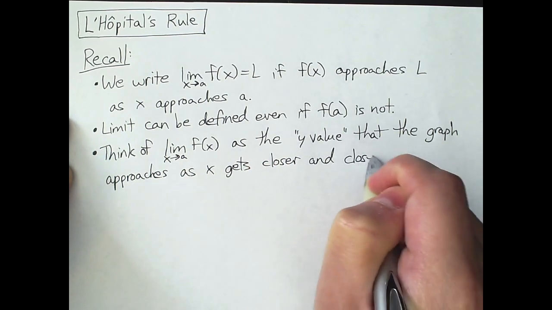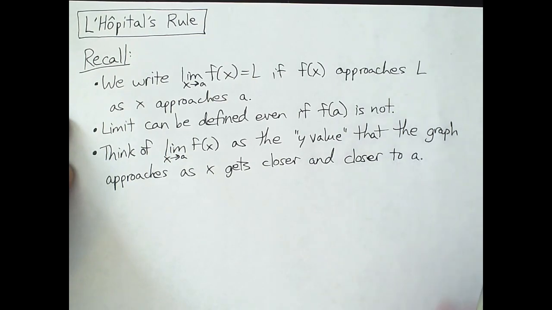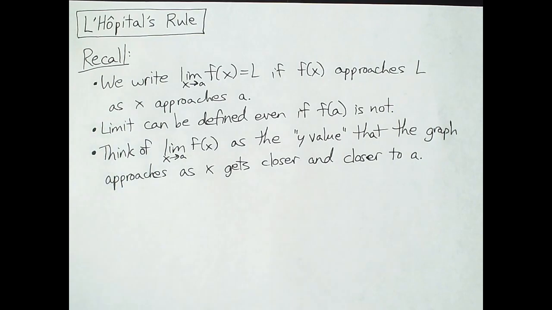That's the informal version. Earlier in the semester, we had the official definition. We went into more detail about what it means to get close to something and what the word approaches means. We said arbitrarily close, things like that.